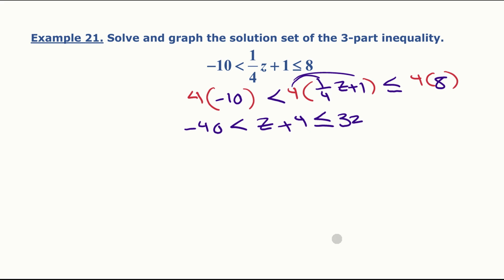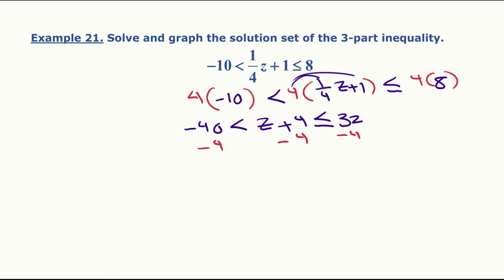Okay, so now we are going to have to get rid of the 4, because remember we're solving for z, right? So we're going to go ahead and subtract 4, but that means we need to subtract 4 in all 3 spots.